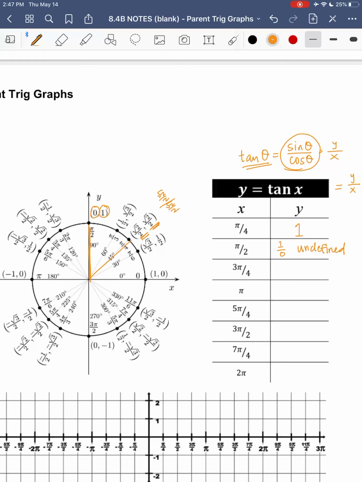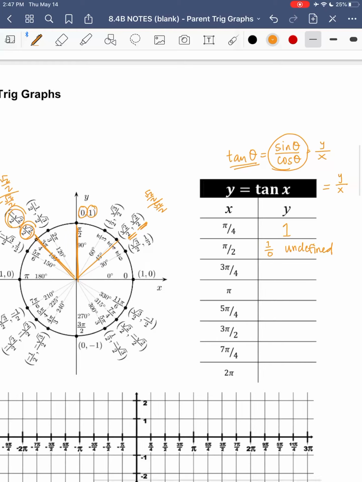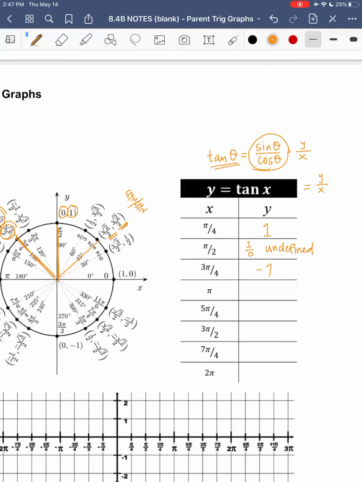Anyway, 3 pi fourths. Here I am, 3/4 of the way around the top. I have square root 2 over 2, that's the y, over negative square root 2 over 2. That's almost like a fancy 1, but with a negative, so this is -1.